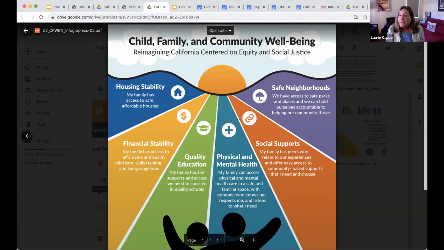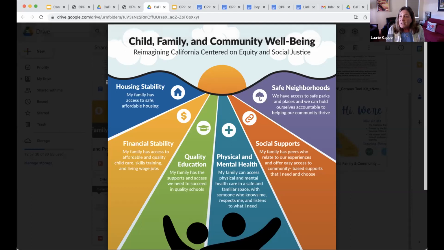And it's just so exciting for me personally, as somebody who's been a child welfare advocate, to have the stars aligned where we are truly, both by public investment and public opinion, getting to a point where our vision is starting to align. What we want for our families, for our children, and for our community is well-being.